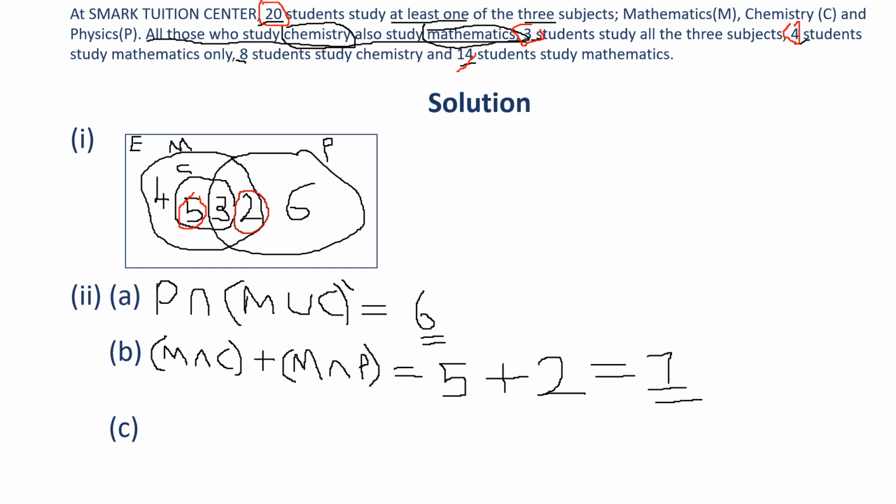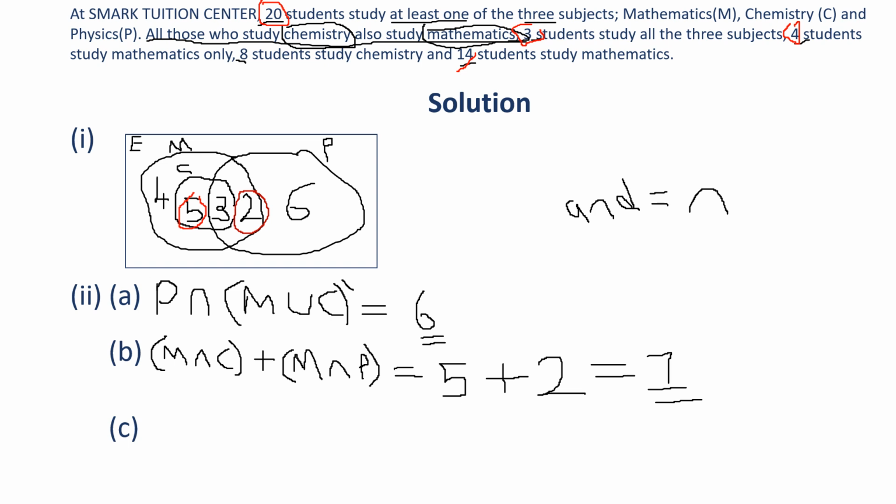Those who are studying mathematics and physics but not chemistry. So in this case, when you hear the word and, it means we are talking about the intersection. So don't combine everything that you have in mathematics and physics, but only the intersection of mathematics and physics.